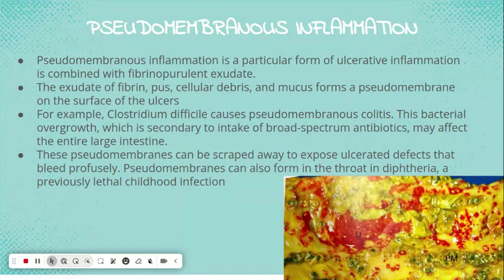And these pseudomembranes can be scraped away to expose the ulcerative defect that would probably bleed profusely. We can also see these formed in the throat with diphtheria, which was a previously lethal childhood infection.